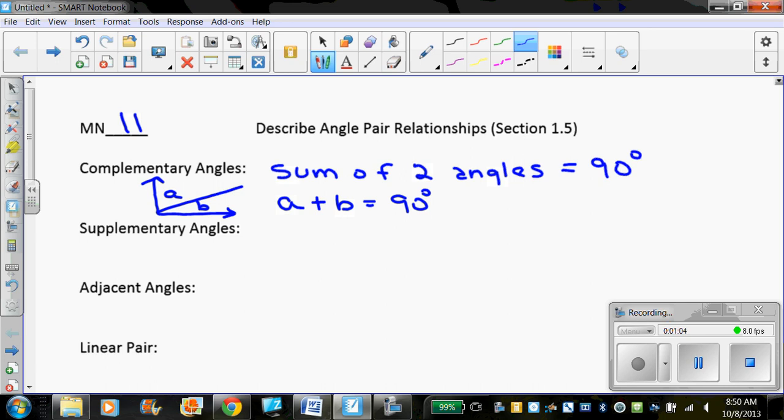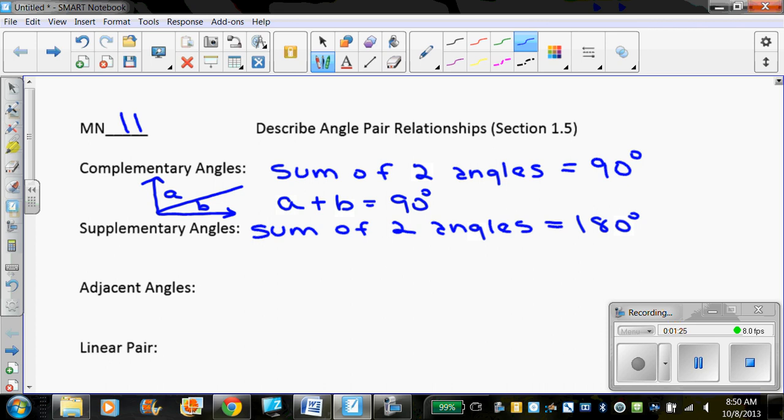Now, supplementary is the same idea, but the sum of the two angles equals 180 degrees. So instead of adding to 90 degrees, it adds up to 180 degrees.